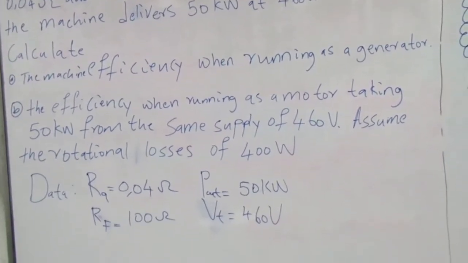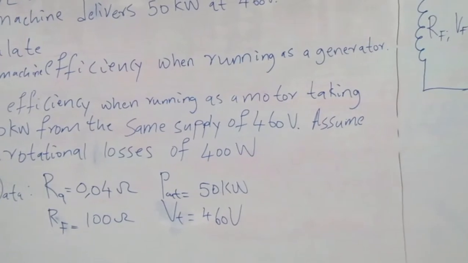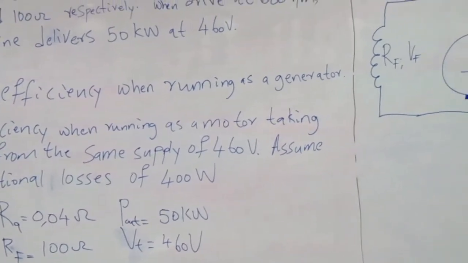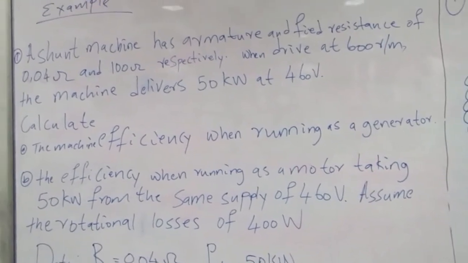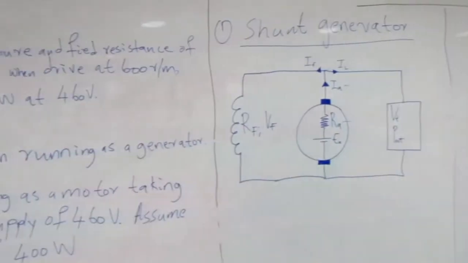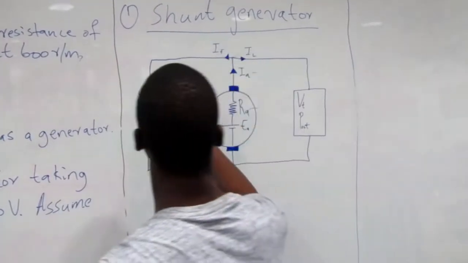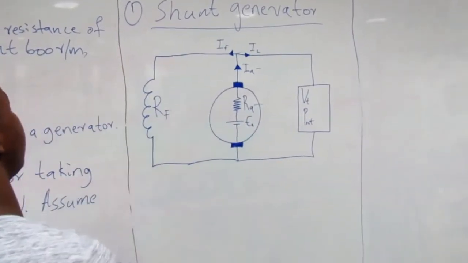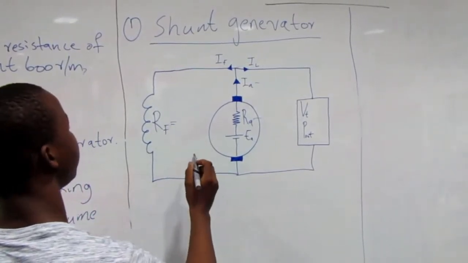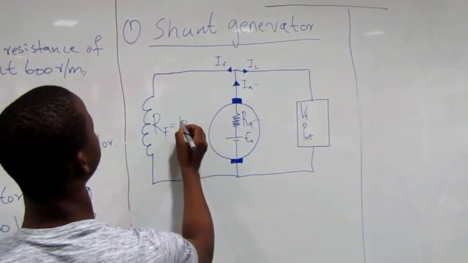Then, how do we determine our efficiency? The first thing that we need to do is to draw the circuit of this machine when running as a generator. Here it is. I did draw the circuit here, just that I didn't specify the values of each. Here we have 100 ohm.